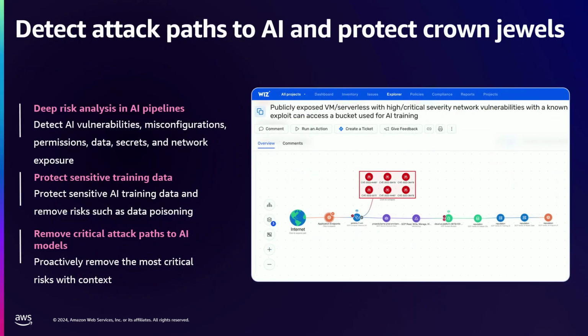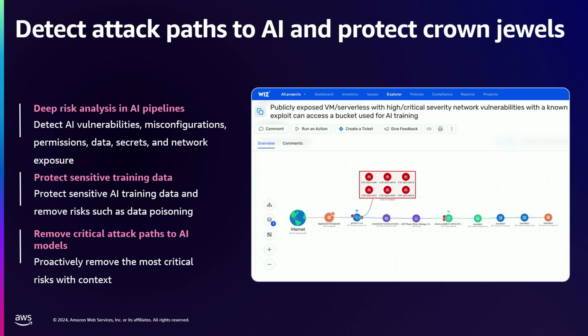So let's bring it back to the attack path. In order for us to be able to remove risks in our AI pipelines, we do need to understand attack paths around it. So we extended the deep analysis that we have across data, secrets, network exposure, vulnerabilities to AI. So now we can detect all of those within the AI pipeline.